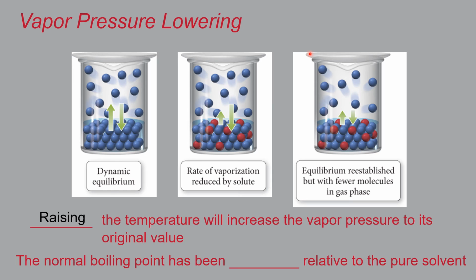Now, if we have to go to a higher temperature, what can we say about the normal boiling point of the solution relative to the pure solvent? Has it been raised, lowered, or is it unchanged? Well, it's been raised. So if you have to supply a higher temperature to get to the same pressure, you have raised the normal boiling point, or the temperature needed to get to any target pressure for that matter.